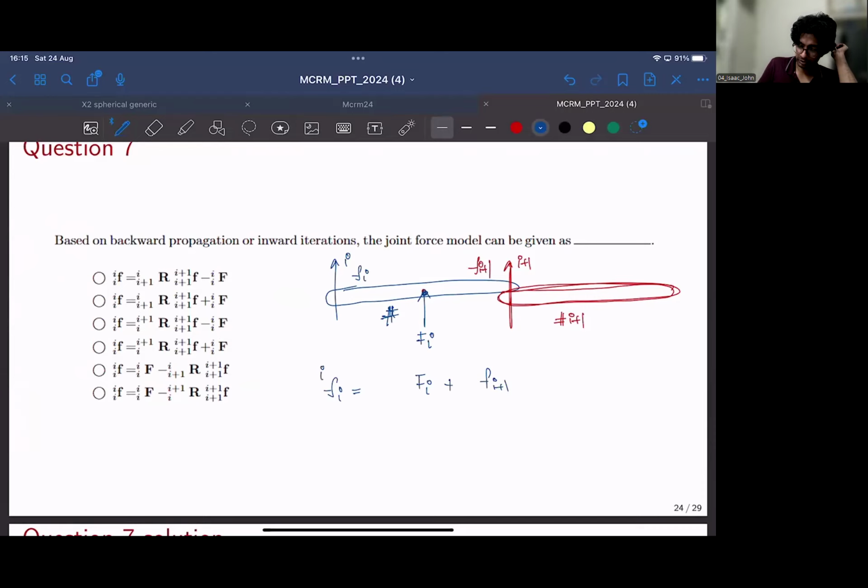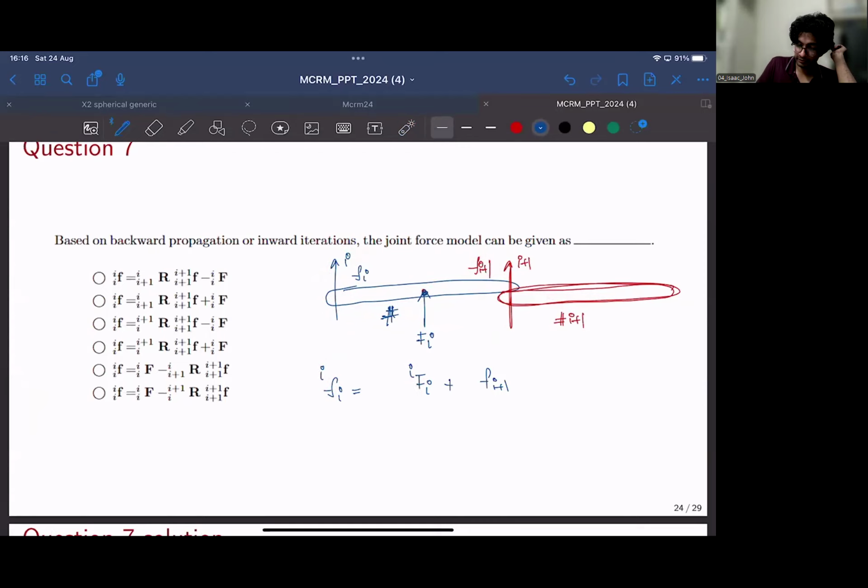If you write everything with respect to this ith frame, because these are terms associated with link I, this Fi, that is the force at this joint, and this inertial force acting through its centroid, these two terms are associated with link I. So they are all with respect to the ith frame, but this force F(i+1) is actually a property of the I plus 1 frame that is attached on the I plus 1 link.